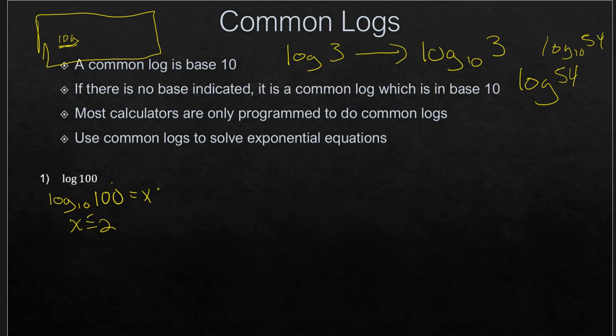I was just showing you how the calculator is getting the answers. But if you just put the log and you put 100 in your calculator, you'll see that it gives you an answer of 2. And the reason it gives you that answer is because 10 to the second is how you get the 100.